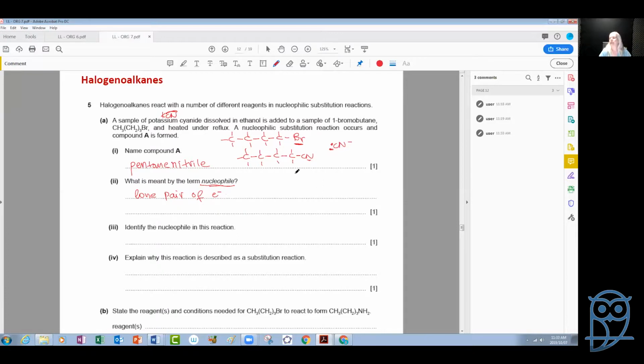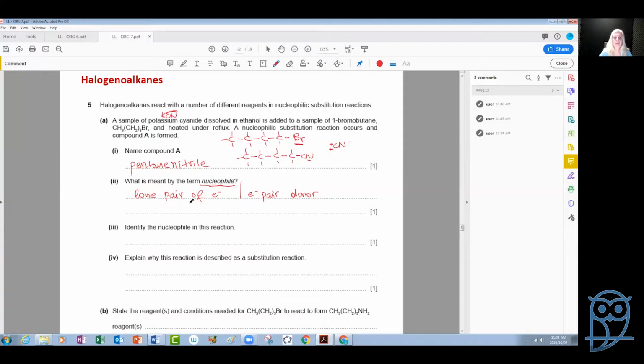Or we can say this is an electron pair donor. The pair is important. Electron pair donor. And of course we can say that it is attracted to positive centers. Okay, so that is enough.